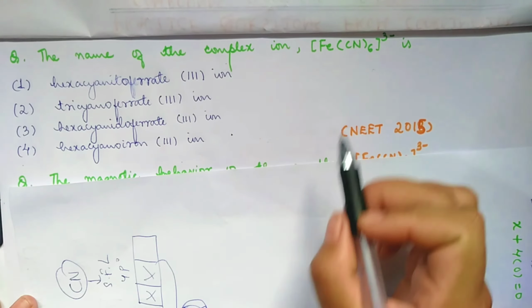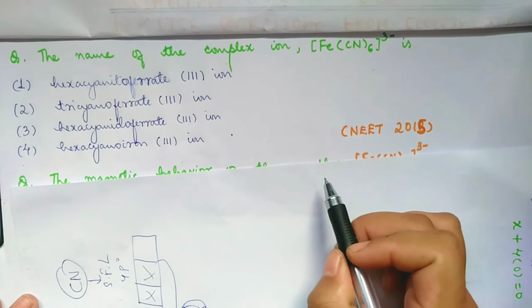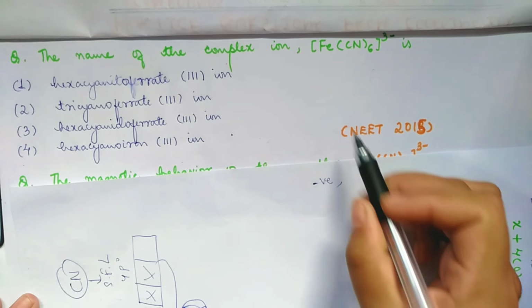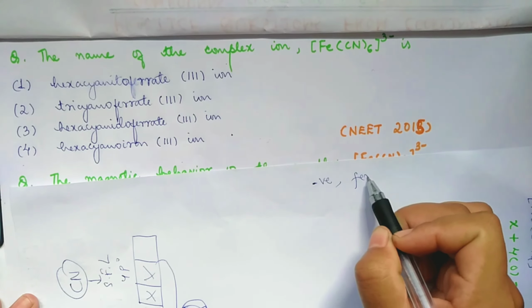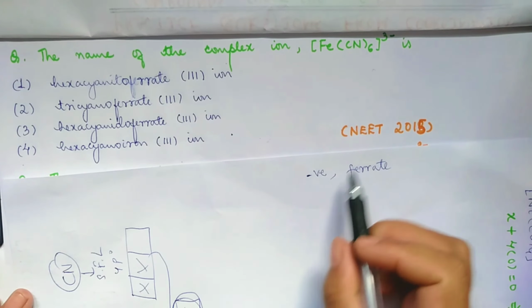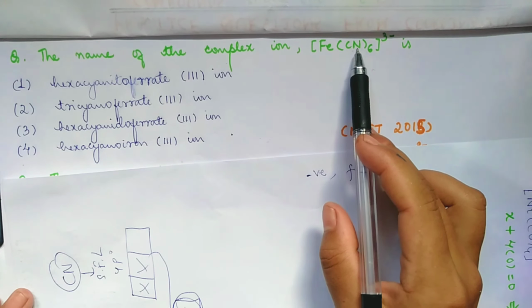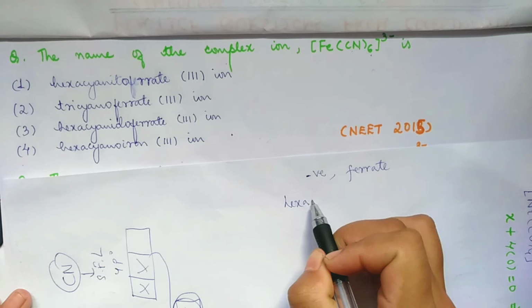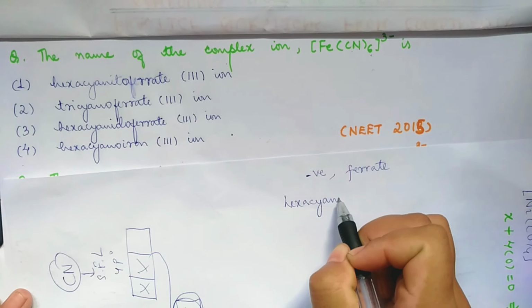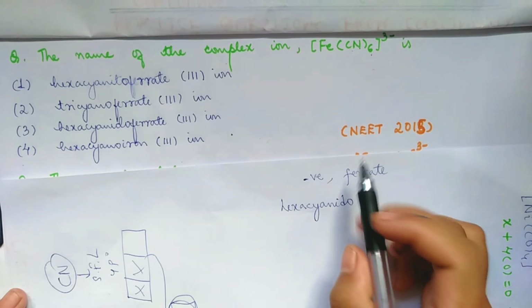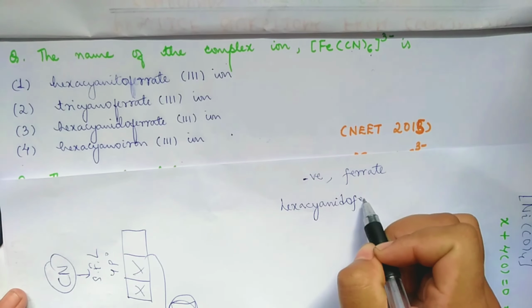And if it is an anion, a complex ion, if it is negative, then your iron should be named as ferrate. Ferrate. Okay? So how many CN are there here? 6. Hexa, cyano or cyanido, it's the same. Cyanido.